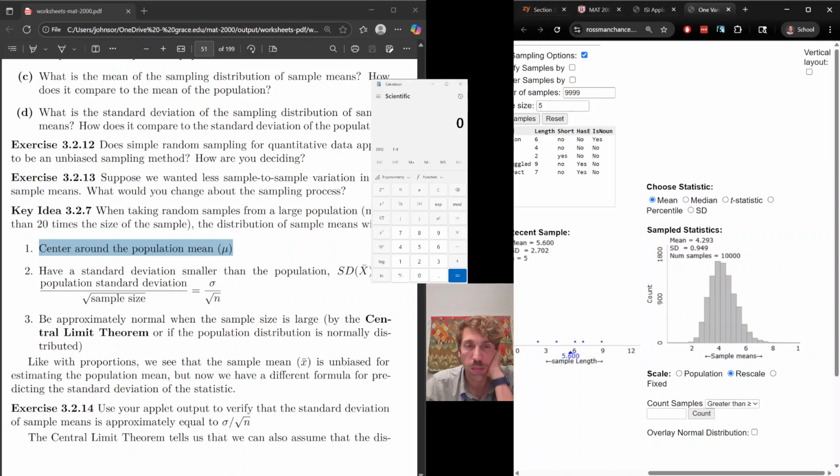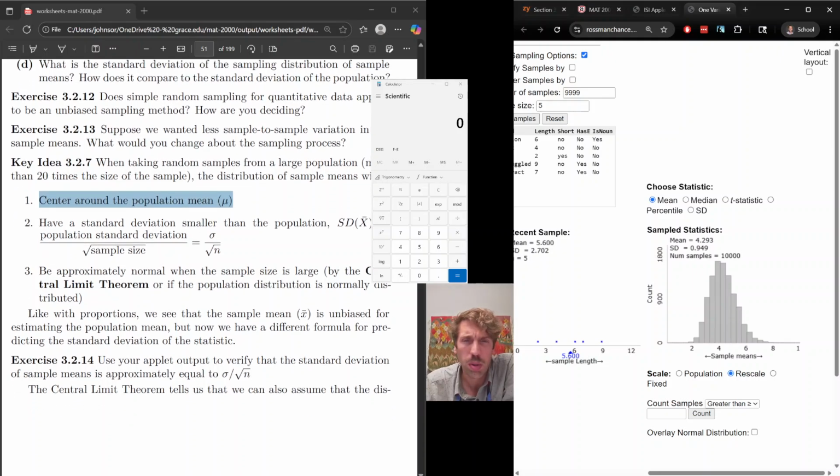And it'll be approximately normal if the population is normally distributed, or if the sample size is large enough. We'll give you some rules of thumb for that, but I think we're not ready to give you a rule of thumb yet.